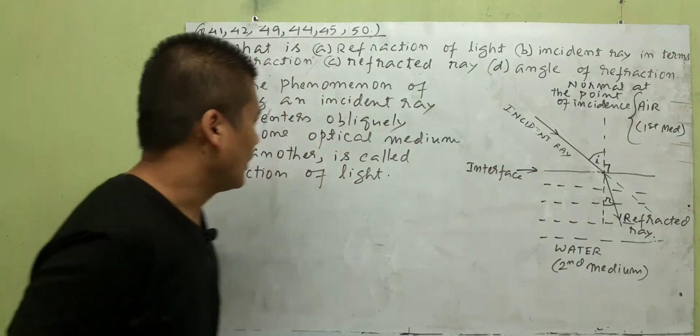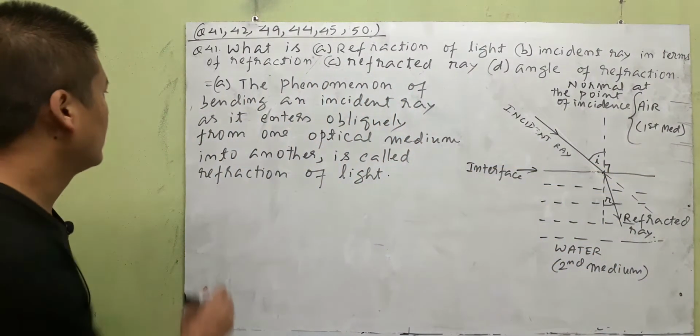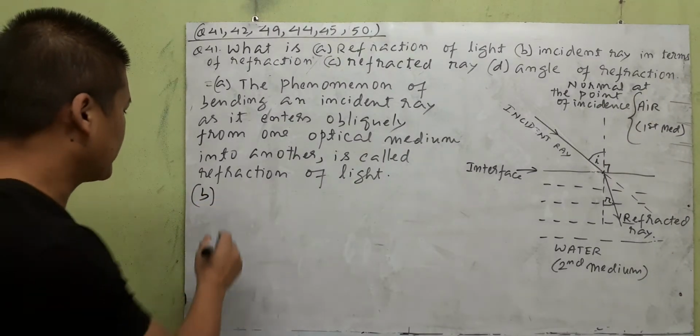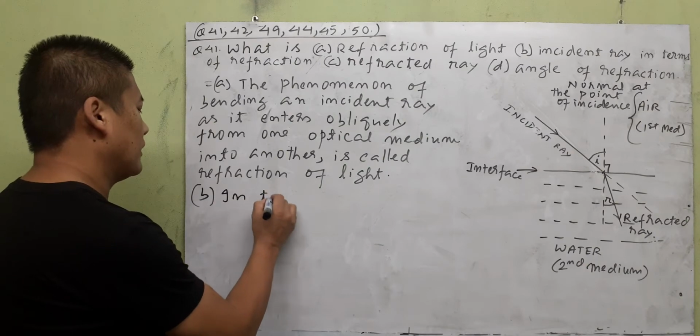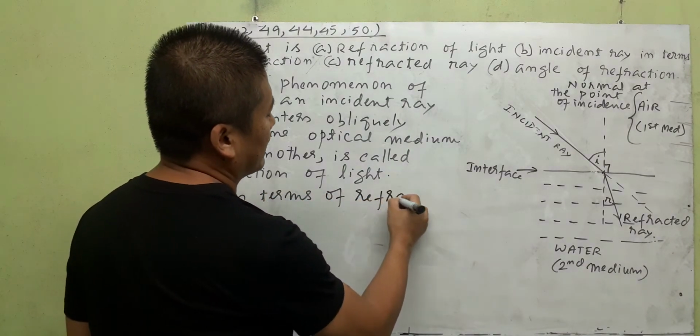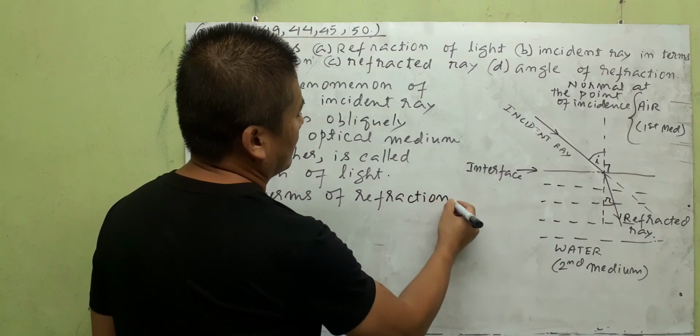Now B, the second point, is incident ray. We have understood, now we're writing the proper definition, so you also write along.